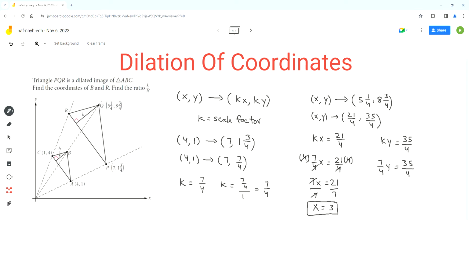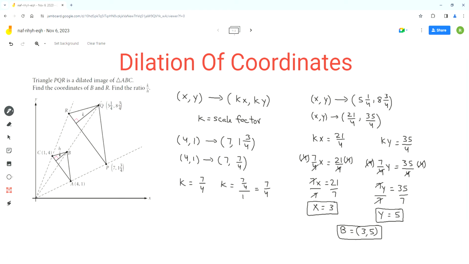First we multiply both sides by 4 to get rid of the 4's in the denominator, so we get 7y equals 35. Now we divide both sides by 7 to isolate y, so y equals 5 because 35 divided by 7 is 5. That means point B is (3, 5). This should be the final answer for the coordinates of point B.